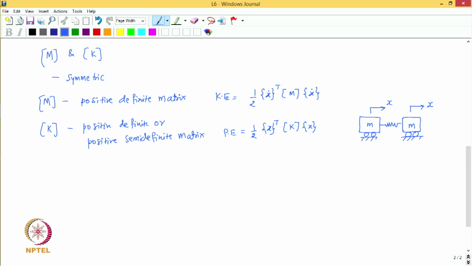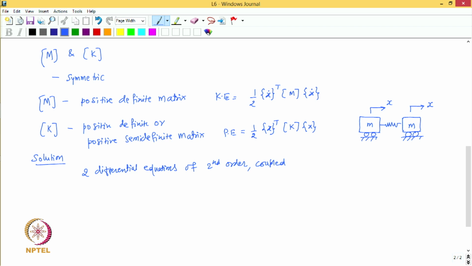So, now the question is how do you solve? What is the solution of the equations we got, right? We should also note that now we have two ordinary differential equations, of second order, and they are also coupled.